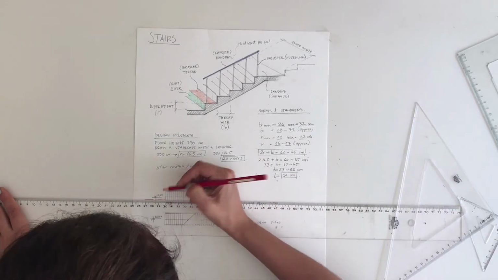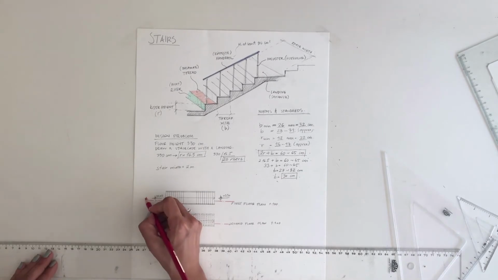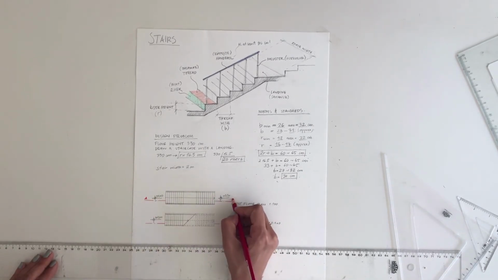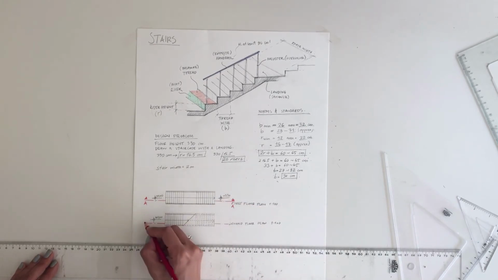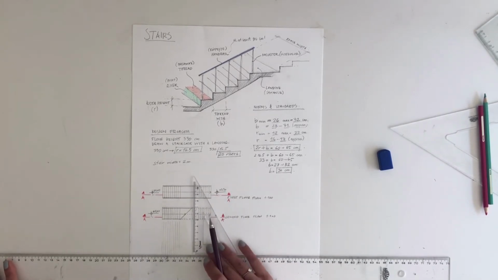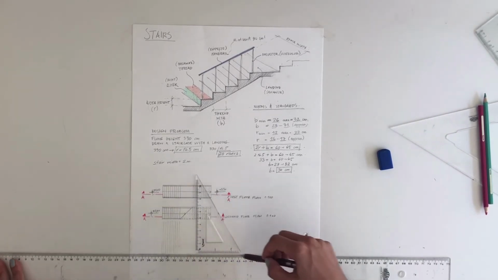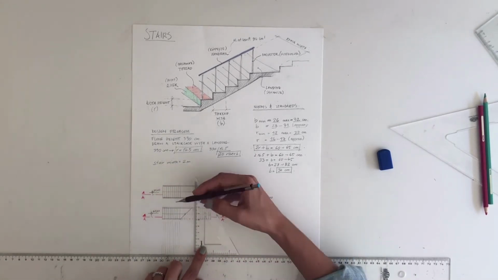Assume that we are asked to draw a section from here and look in that direction. Let's say it's the AA section. First, I know where my rises are, so I'm going to mark them using the plans.